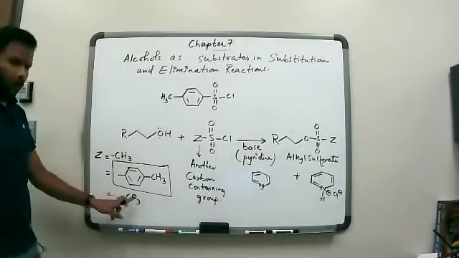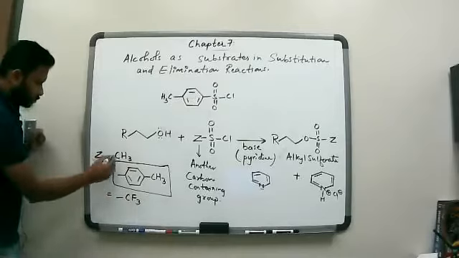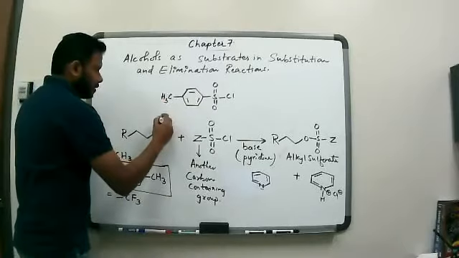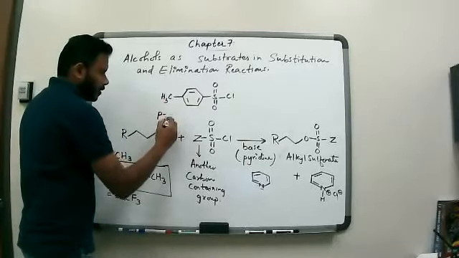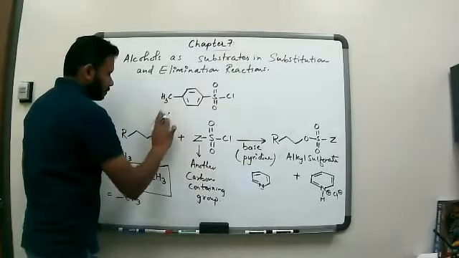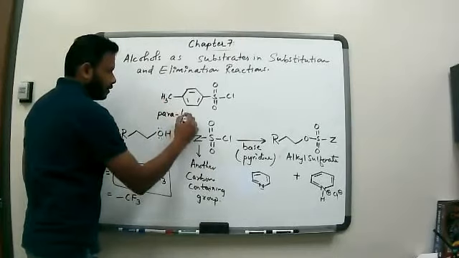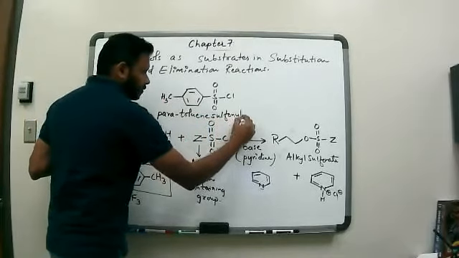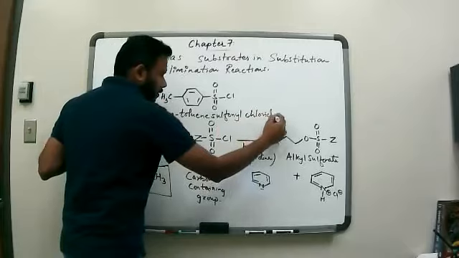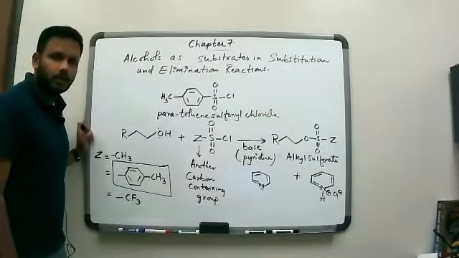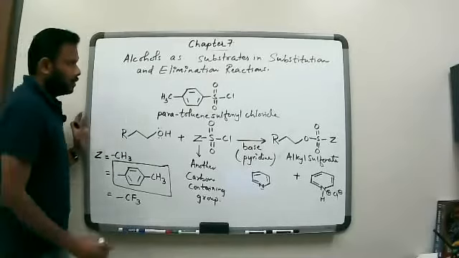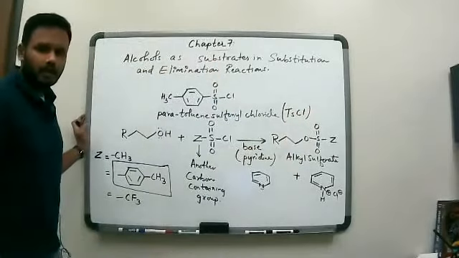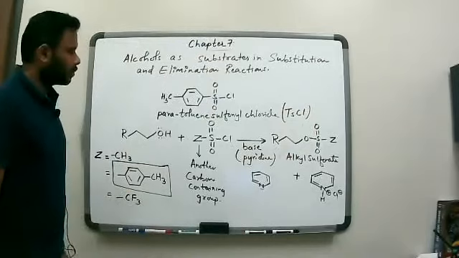So Z is all of this connected to that sulfur. In this particular case, this is called para-toluene sulfonyl chloride, and this is abbreviated as TsCl, tosyl chloride. Just call it tosyl chloride.